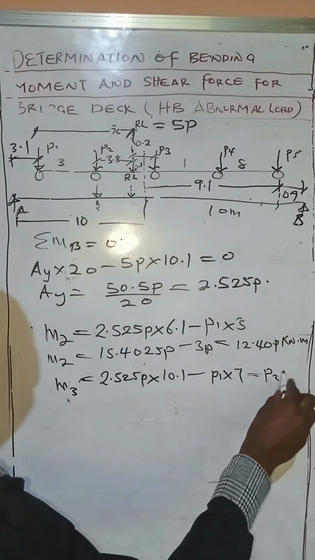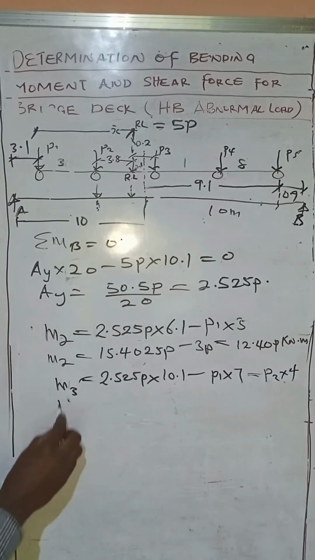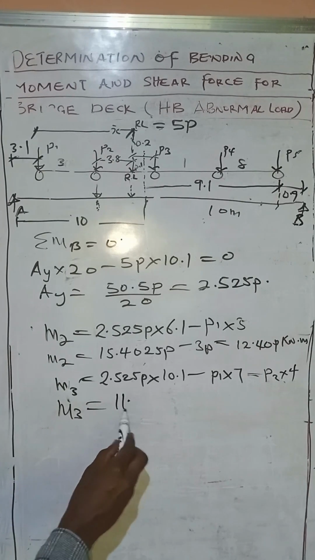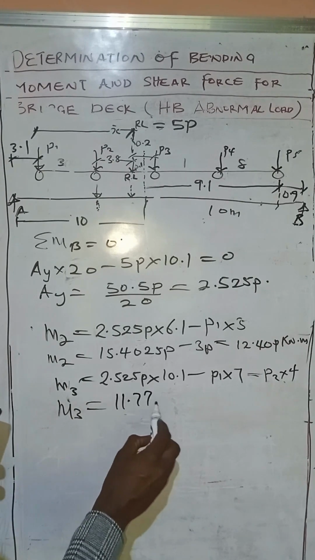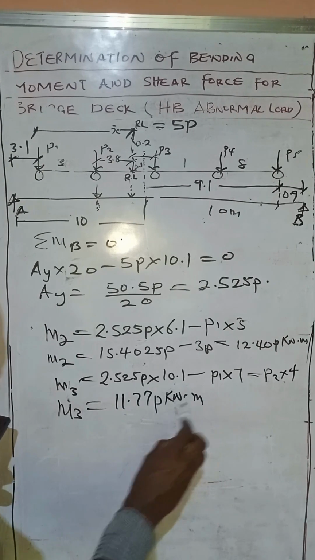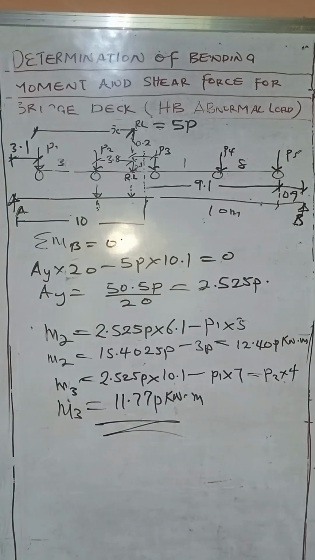So 2.525 times 10.1 minus 7 minus 4 gives us 11.77P kilonewton meters.